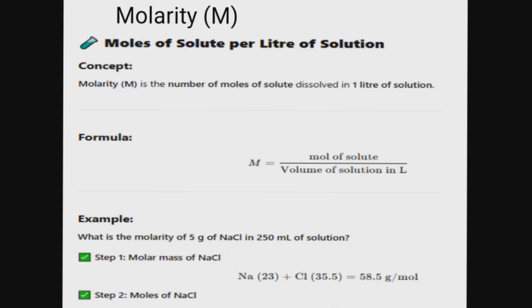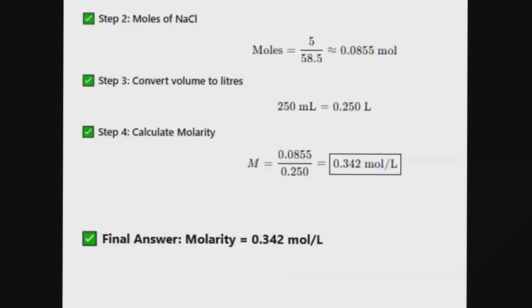Our question says, what is the molarity of 5 grams? That is, the mass of sodium chloride given to us here is 5. The formula for finding moles is mass over molar mass. Your mass divided by your molar mass. So the mass given to us here is 5 grams.